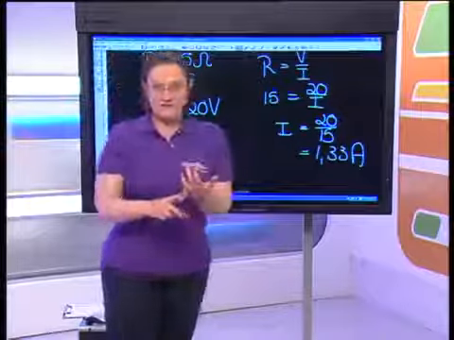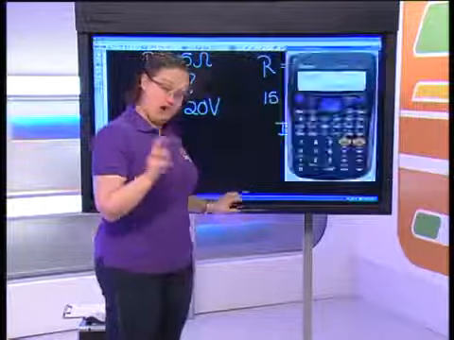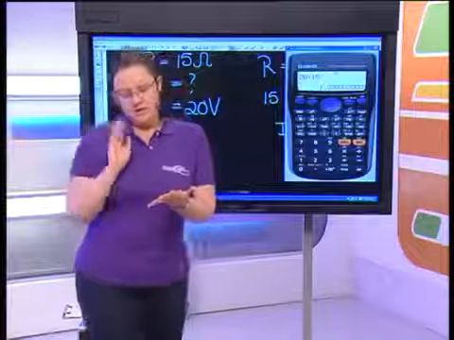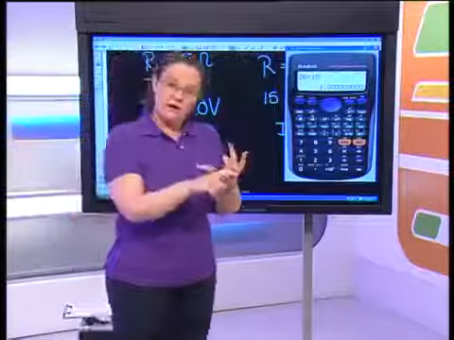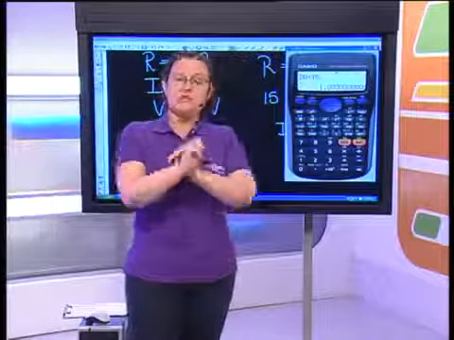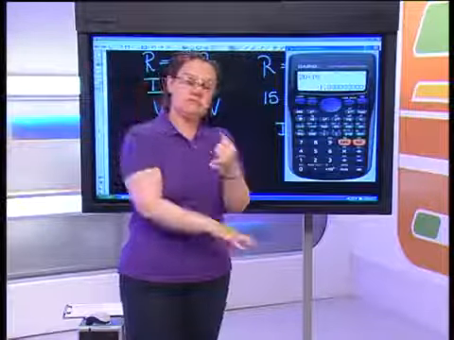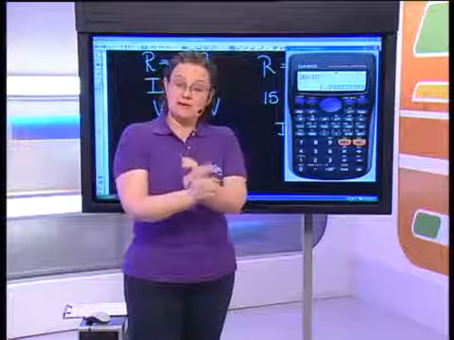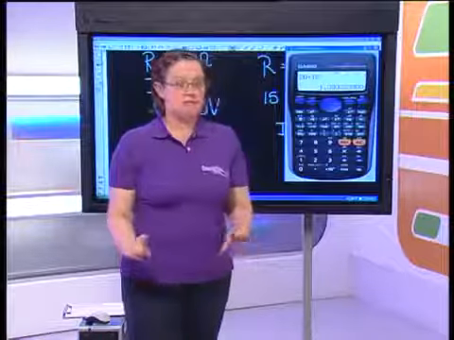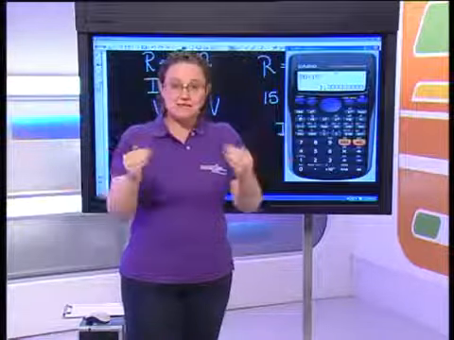So, remember what I said today. Resistance is R. Resistors can be connected in series or parallel. We connect them in series in order to increase the total resistance, which decreases the total current. We'll connect them in parallel to decrease the total resistance and increase the current.